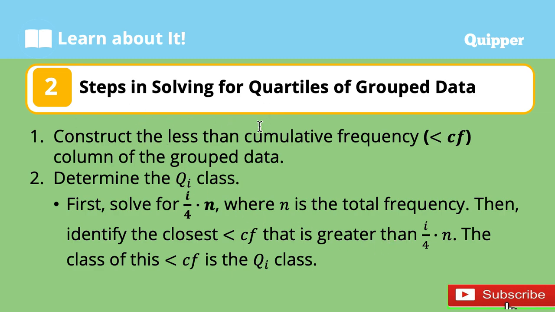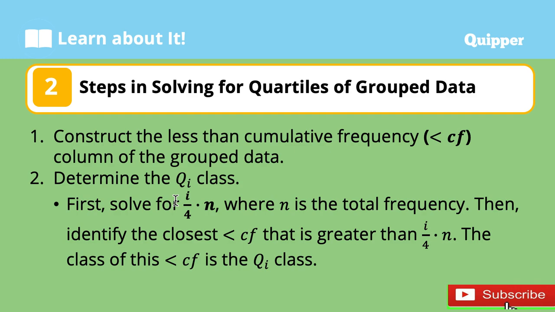These are the steps in solving for quartiles of group data. First, we are going to construct the less than cumulative frequency column of the group data. The symbol is this one, less than cumulative frequency. Second, determine the Q sub i class. It's either the first quartile, second quartile, or third quartile class.